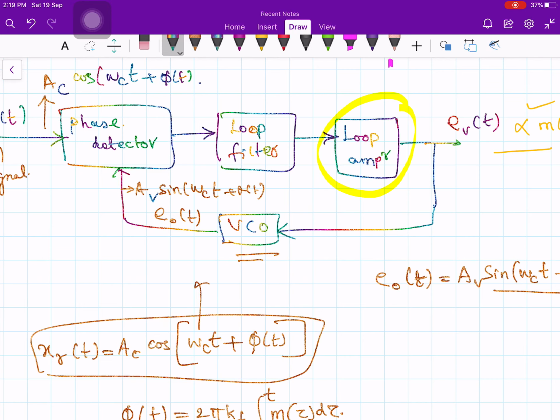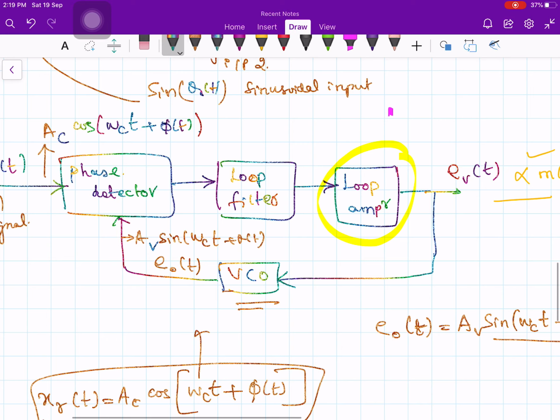Now we said your phase detector will be sensitive to the instantaneous phase difference between the two inputs. So it will be sensitive to phi of t minus theta of t. Therefore, at this point you will have phi of t minus theta of t.